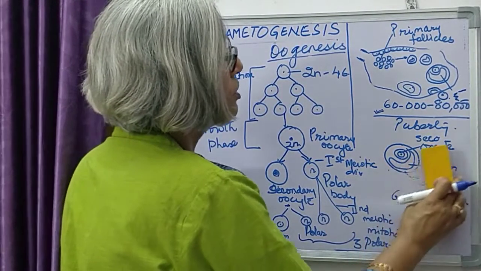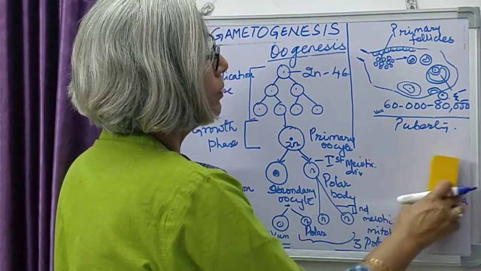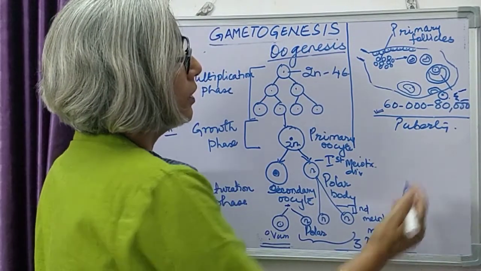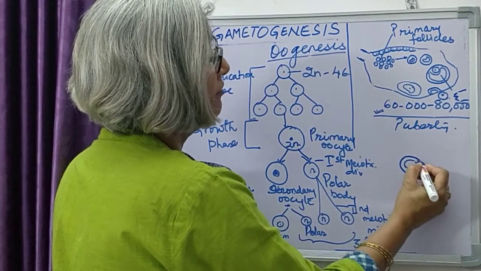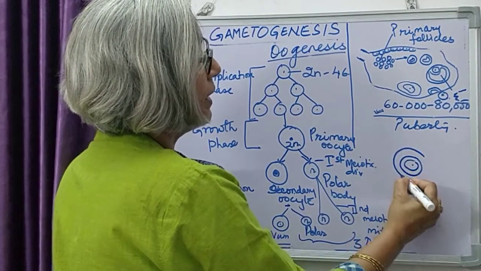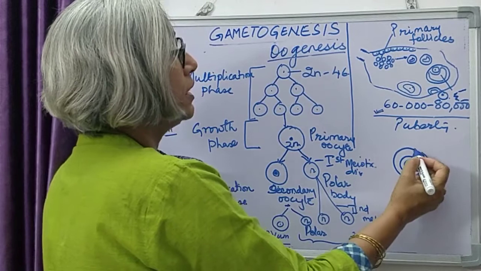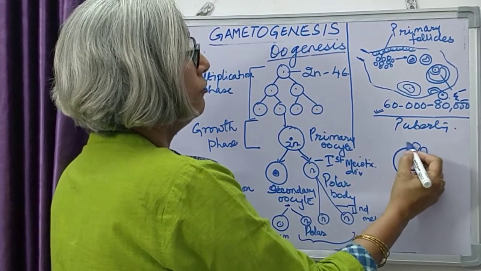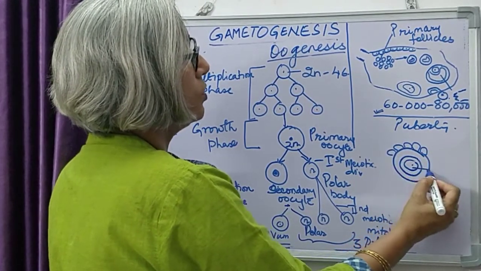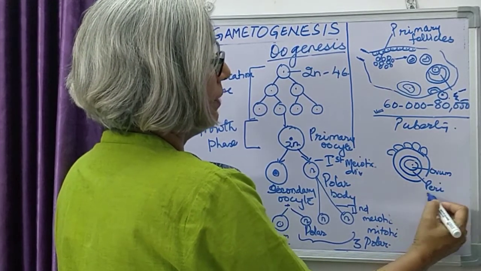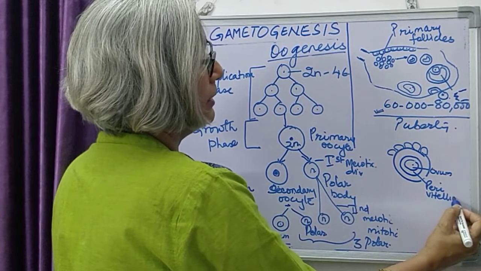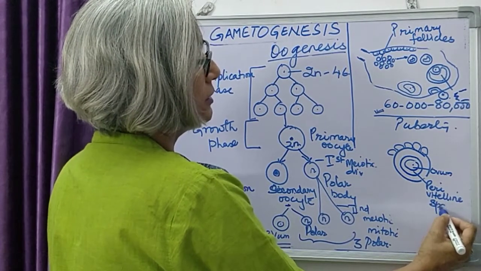Now, the structure of the ovum. The ovum is surrounded by the perivitelline space, by zona pellucida, and a lot of follicle cells. This is the ovum. This space is called perivitelline space.